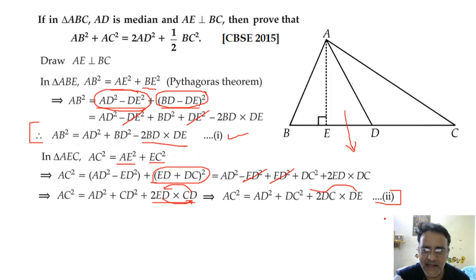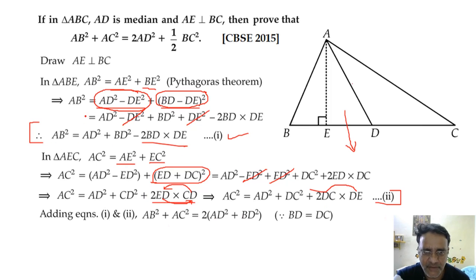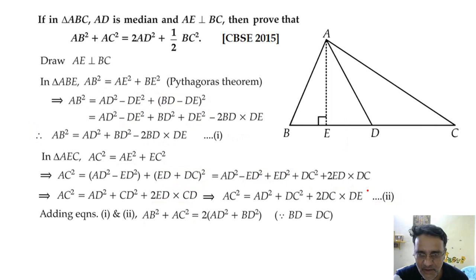Now we are going to add equation 1 and 2. If you add, left hand side AB square plus AC square is equals to 2 times of AD square plus BD square. Why? See, ध्यान से देखो, this 2 will be cancelled. Why? Because DC is equals to BD. AD is the median.